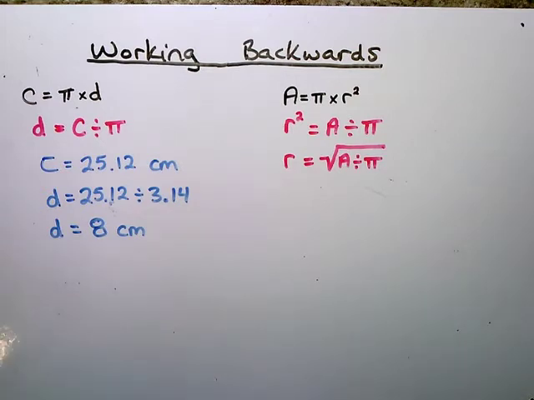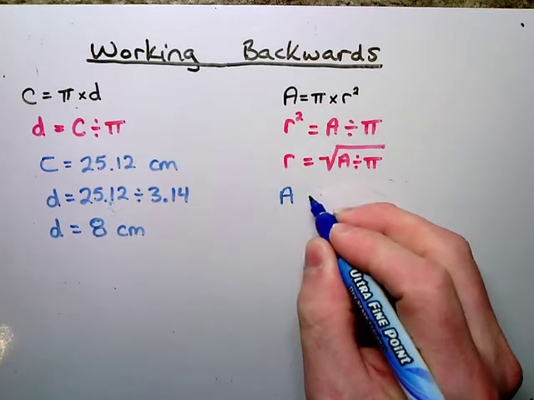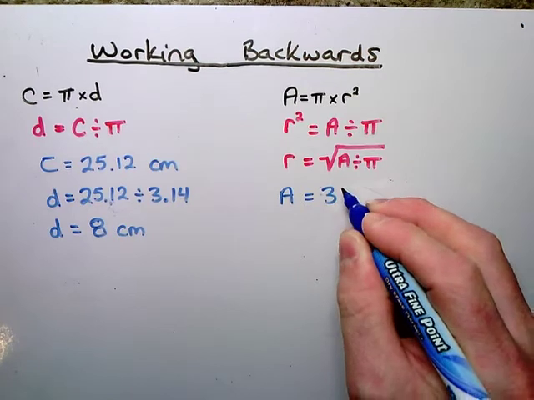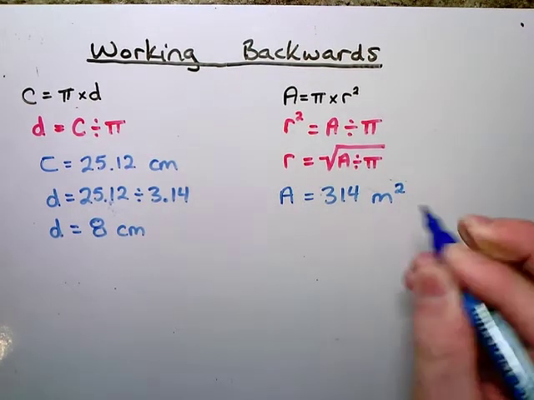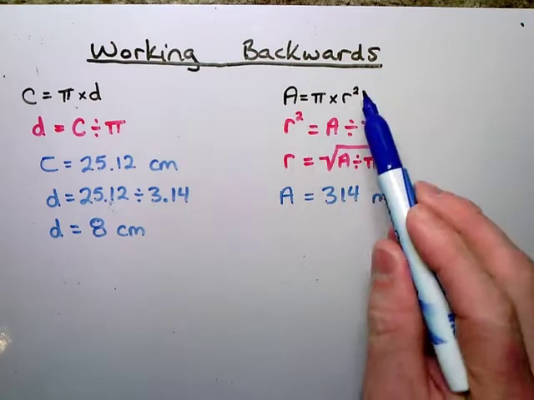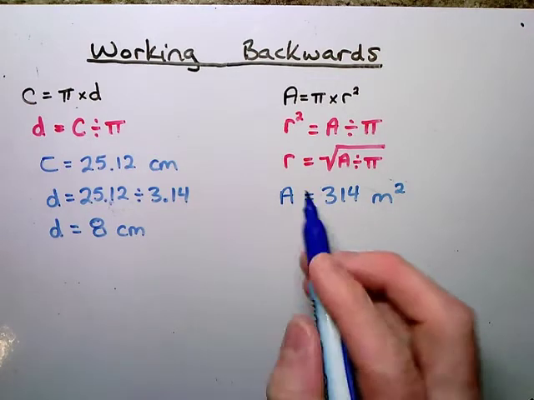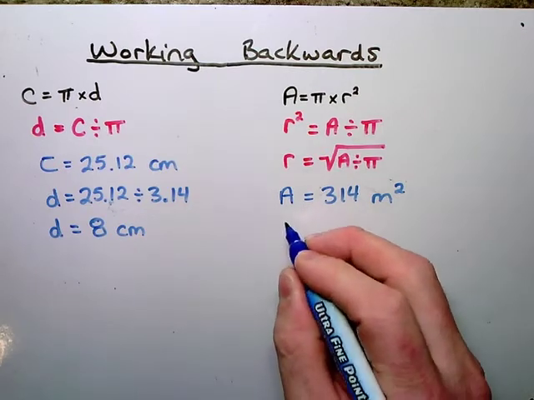So let's look at an example for that one. So if we had a circle with an area that was equal to, say, 314 meters squared, because remember, area is a two-dimensional measurement, so it's always going to be meters squared. Now, how would we find our radius? So let's try using this little formula that we just came up with.